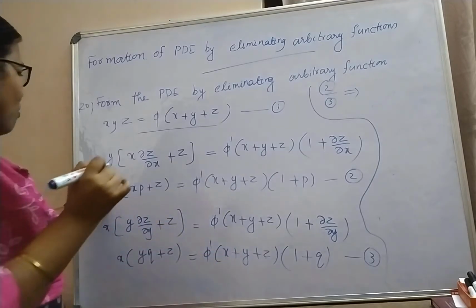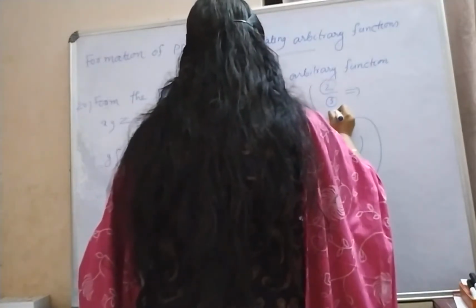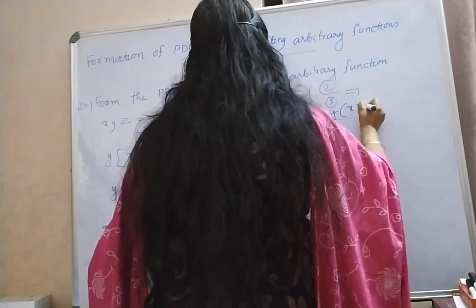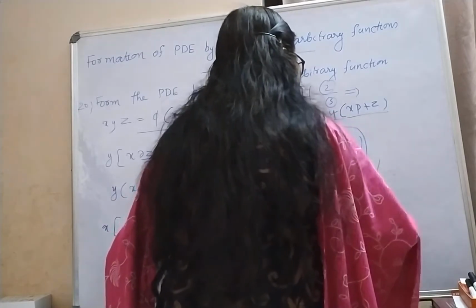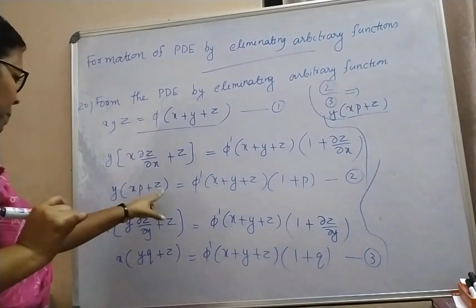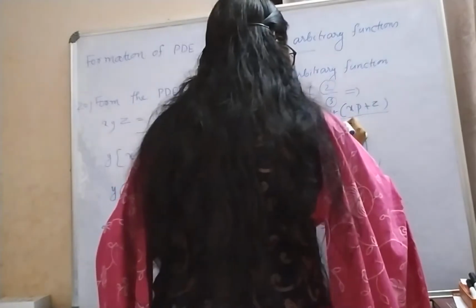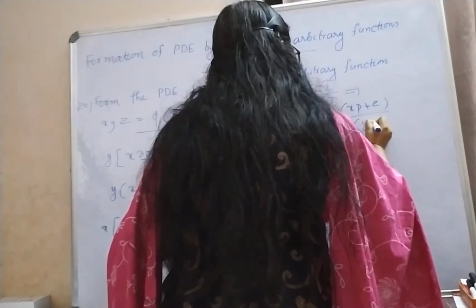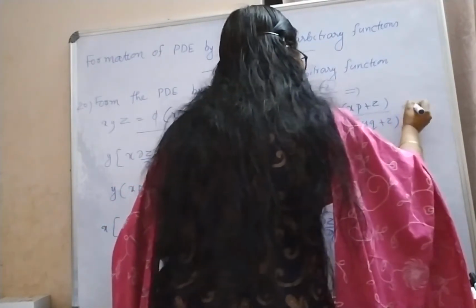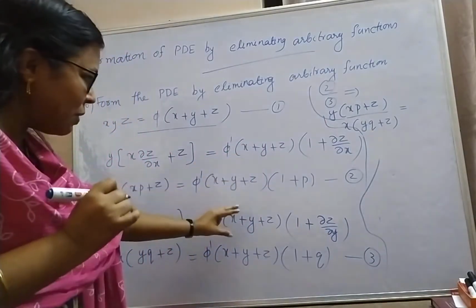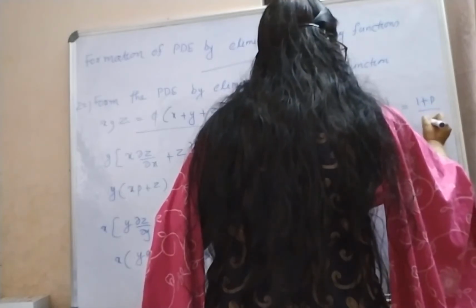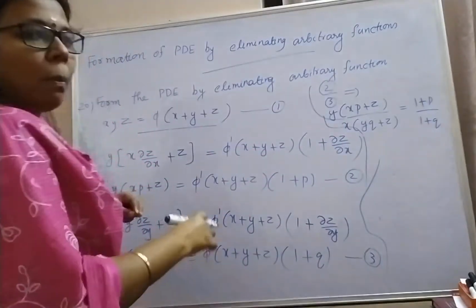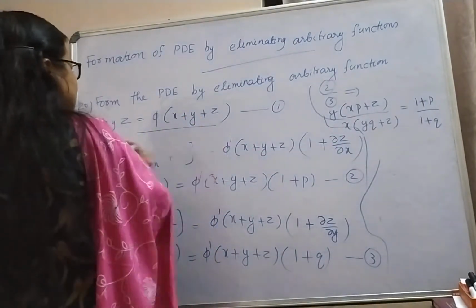Then we get y into xp plus z by x into yq plus z equal to, this phi dash will get cancelled, then 1 plus p by 1 plus q. By cross multiplication, we get the answer.